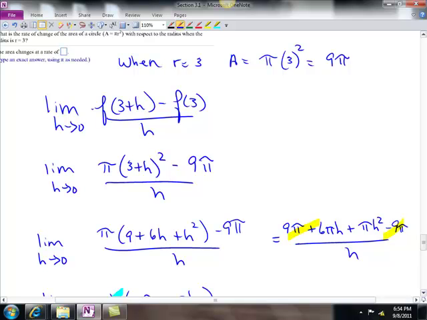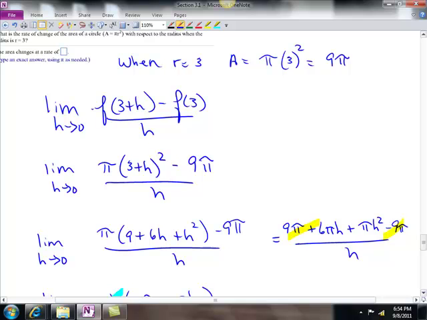Just waiting to see what mistake I made on this one. If I gave you a circle and I said the radius is 3, what's the area?